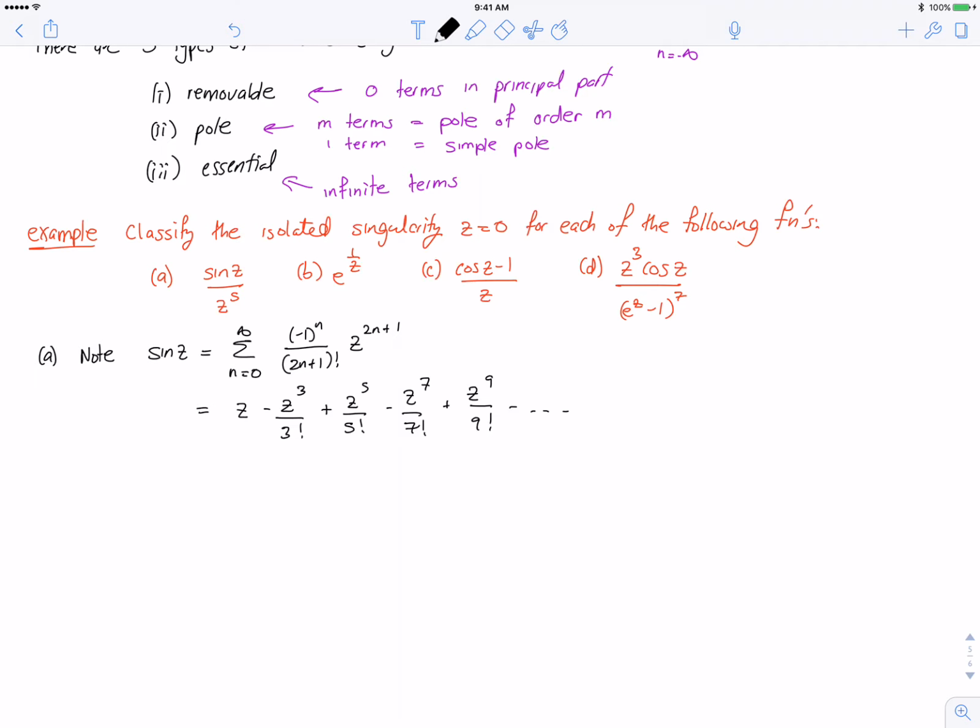So now, assuming that z does not equal 0, I can divide through by z to the power of 5.